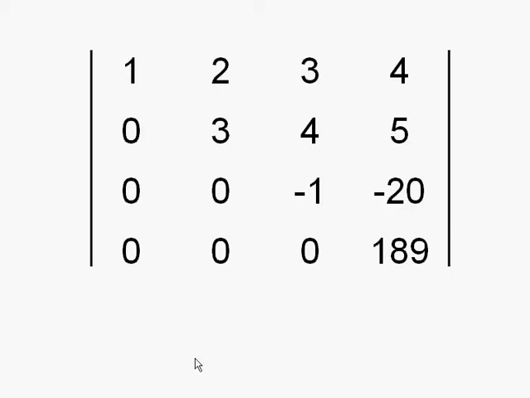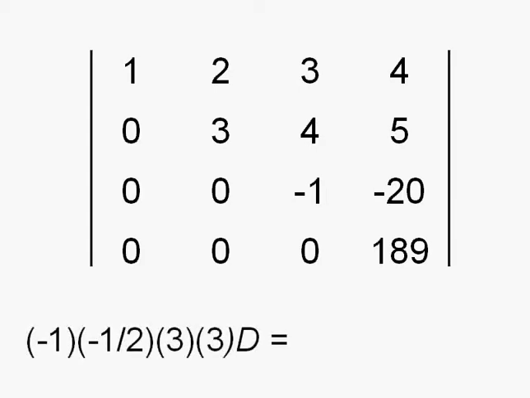This is the triangular matrix that we ended up with. What we know from the scratch pad is we multiplied the determinant by negative 1, negative 1/2, 3, and 3. And so we're going to have to divide by those numbers at the end.